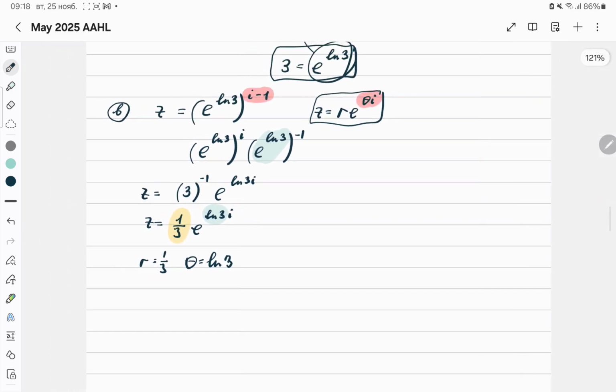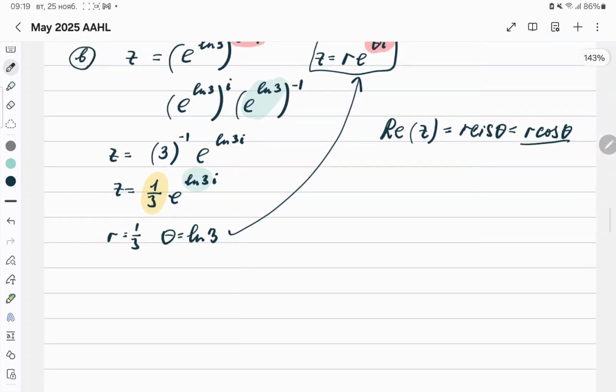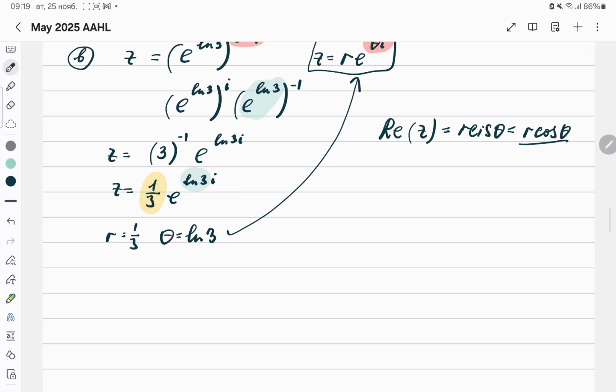So now you see that this form really looks like that. It means that we can state that real part of z, if we use r cis theta, equals r cosine theta. Okay, that's how it works. So now we have to take only the value of radius and the theta.